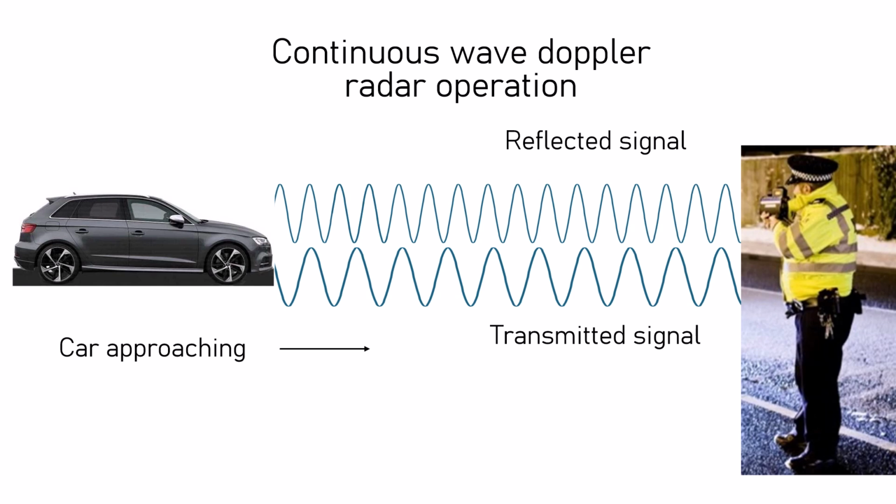From that difference, the radar speed gun can calculate the speed of the object from which the waves have been reflected. This speed is given by the following equation. Speed equals c times Δf divided by 2f, where c is the speed of light, f is the emitted frequency of the radio waves, and Δf is the difference in frequency between the radio waves that are emitted and those received back by the gun.